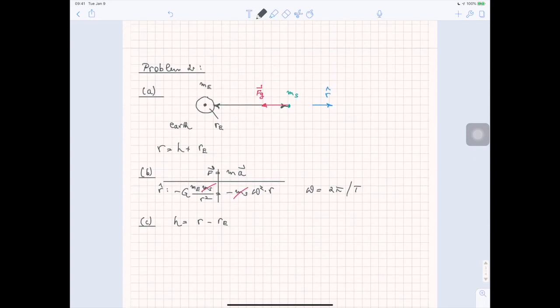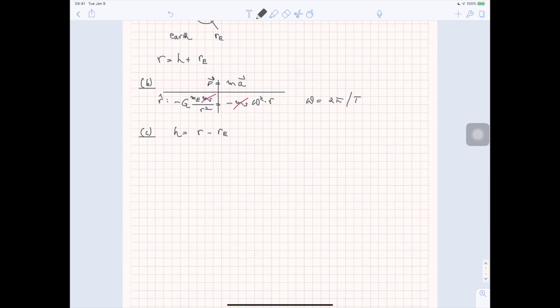Keep in mind that r in the universal gravitational law is really meant center to center. So we can solve the equation from the second Newton law for r. Let's divide out r, or multiply by r squared, then you get r to the power of 3.